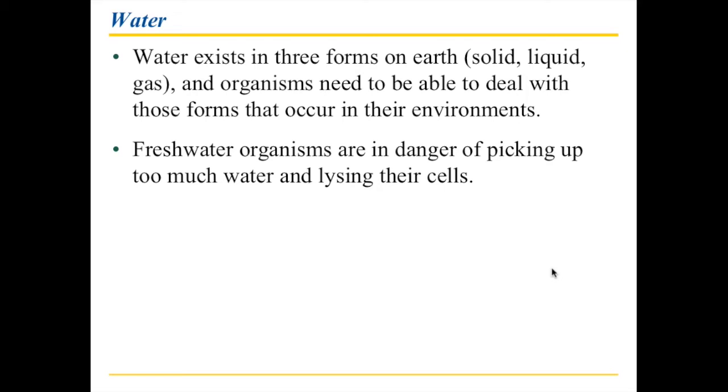There are also some problems associated with water. Now, if you think of a freshwater organism, the freshwater organism is surrounded by water that basically has very little salt in it. And since most organisms in their cells accumulate a certain number of chemicals, if you have a cell that's a high concentration and the water is a low concentration, then you would expect that the water wants to get into that cell to create chemical equilibrium.